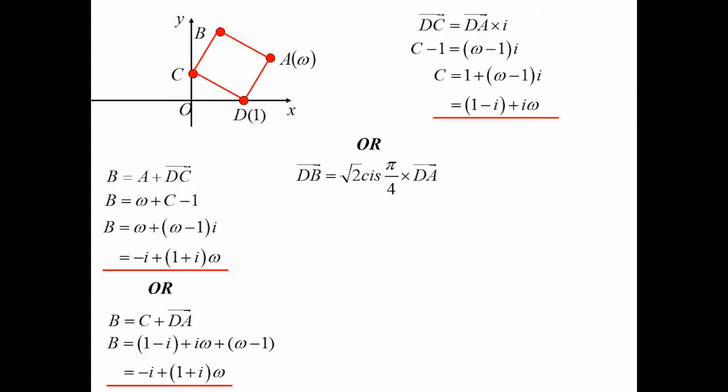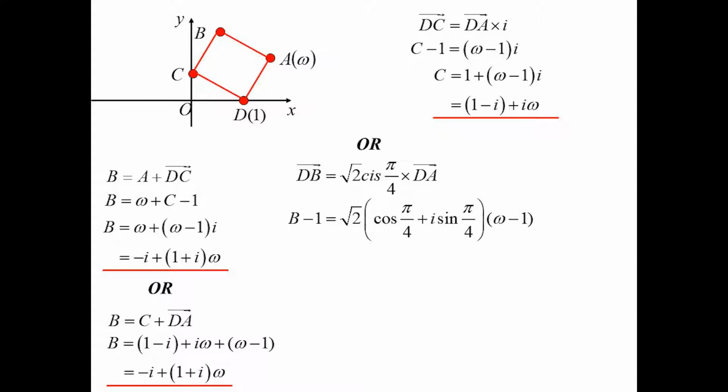But the length would change. And if it's a square, then the hypotenuse of that right angled triangle that's half of the square would be in the ratio 1, 1, root 2. So I must have multiplied the length by root 2. So I could multiply the vector DA by root 2 cis pi on 4. I should get the same thing. So let's see what happens.